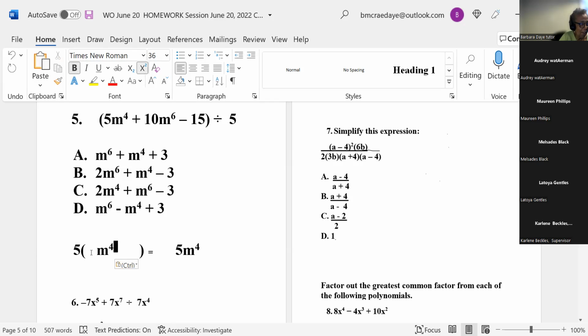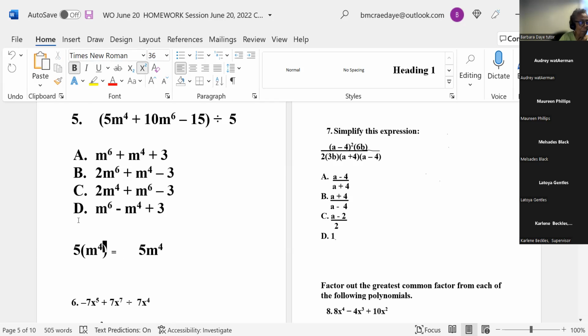Okay, so this is 5. Maureen, do you follow why you got m to the fourth? It's a multiplication. So you want to get 5m to the fourth, but you just have a 5.